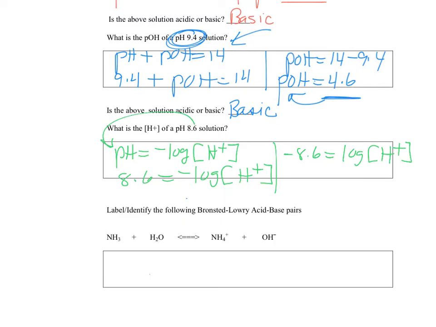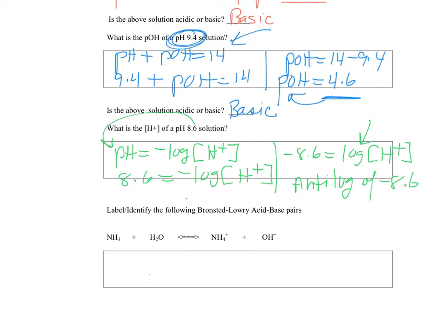And as we talked about in class, we can't divide out by log because log is not a number. Log is a process. So you have to do the anti-process to get rid of the process. So in order to get rid of a log, you have to take the anti-log of negative 8.6. If you go to your log key on your calculator, above it, that you can reach with the shift key, is 10 to the x.